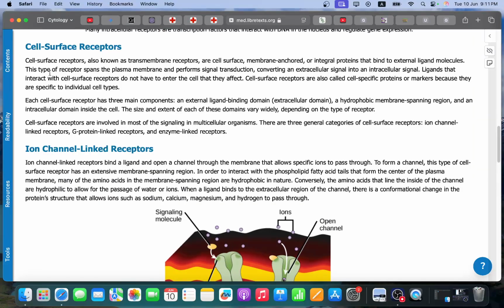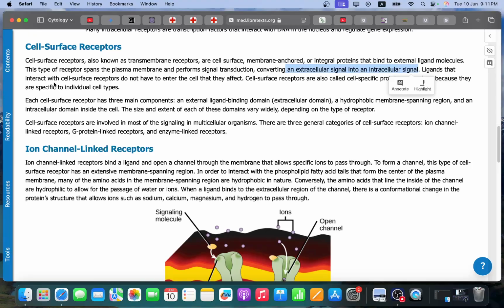Cell surface receptors, also known as transmembrane receptors, are cell surface membrane anchored or integral proteins that bind to external ligand molecules. This type of receptor spans the plasma membrane and performs signal transduction, converting an extracellular signal into an intracellular signal.